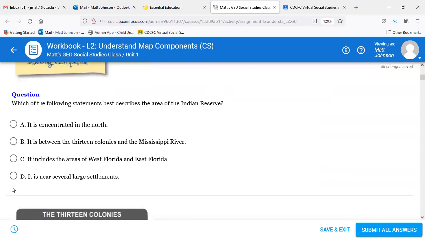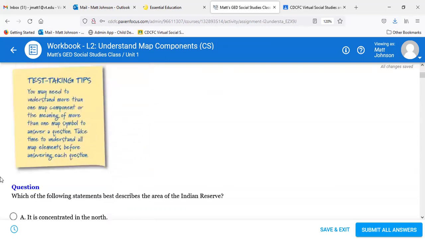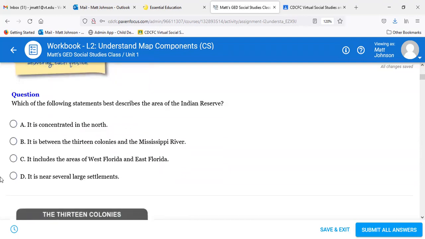And is it near several large settlements? Not really, because remember, this runs back to what we were talking about yesterday with Australia. Just like Australia, we settled the United States from the outside in. So at this point, all our major settlements are coastal, so it doesn't really run into any settlements.